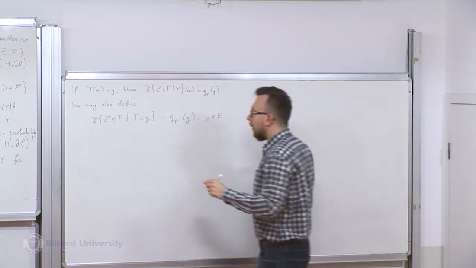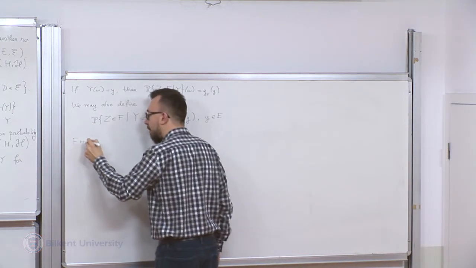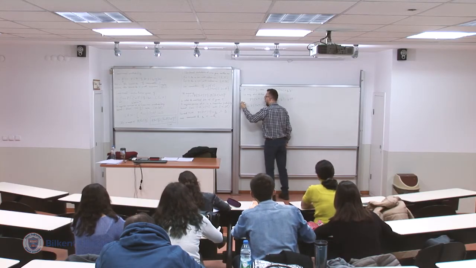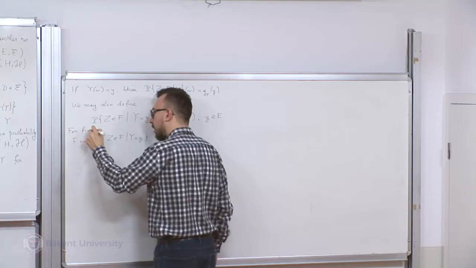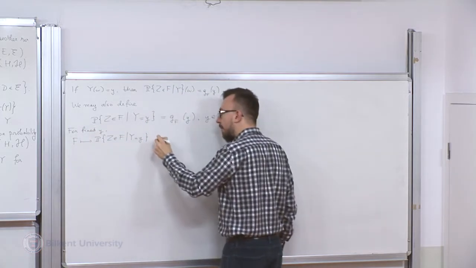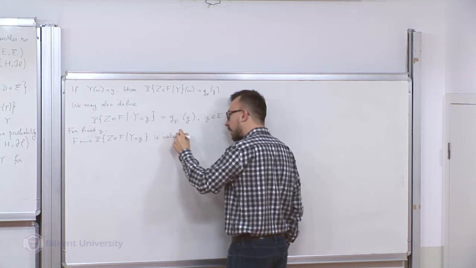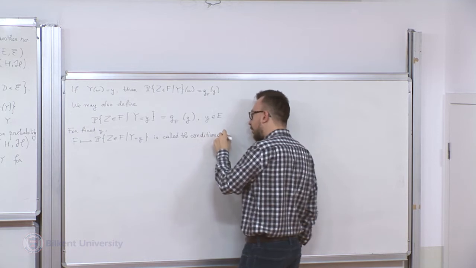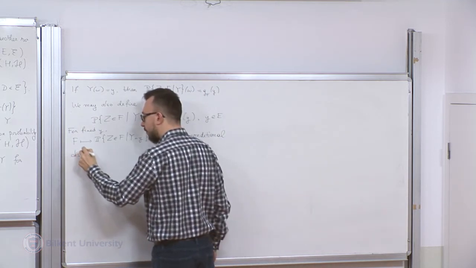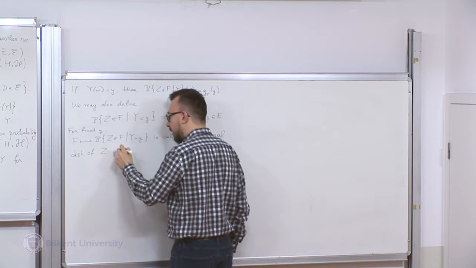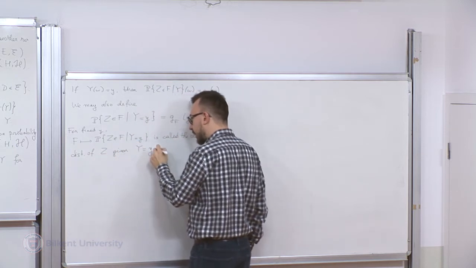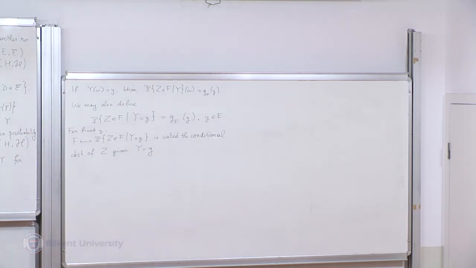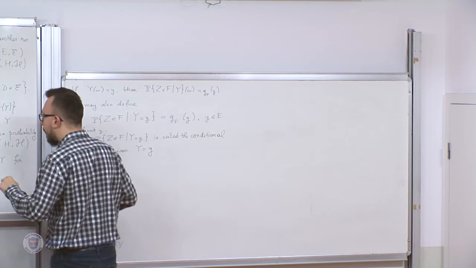So for fixed y, this mapping is called the conditional distribution of Z given Y is equal to little y. So there is this language issue here.